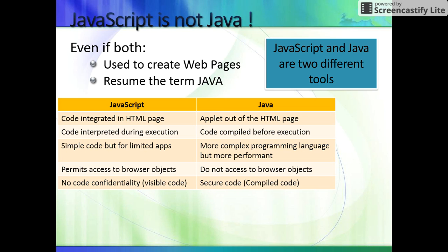Simple but limited code is used in JavaScript, whereas Java is more complex but more performant. JavaScript permits access to browser objects, whereas it's not possible with Java. JavaScript code is visible and non-confidential, whereas Java code is compiled code and so not readable.